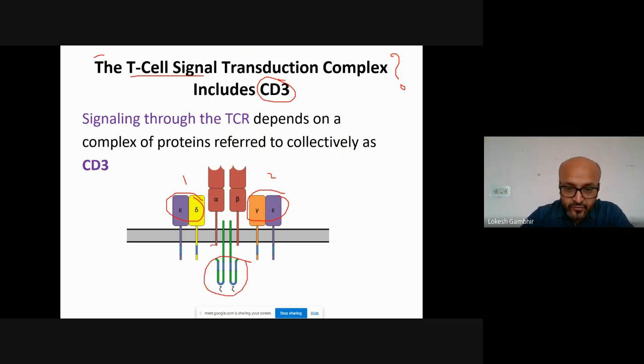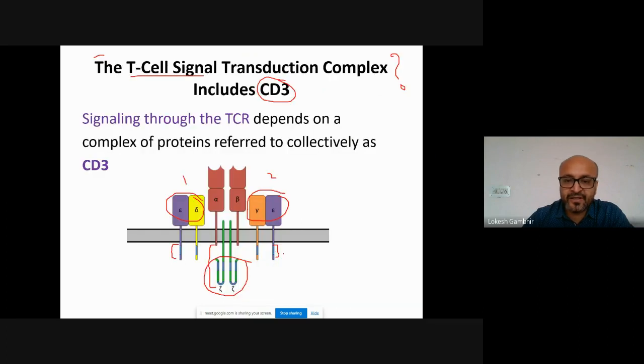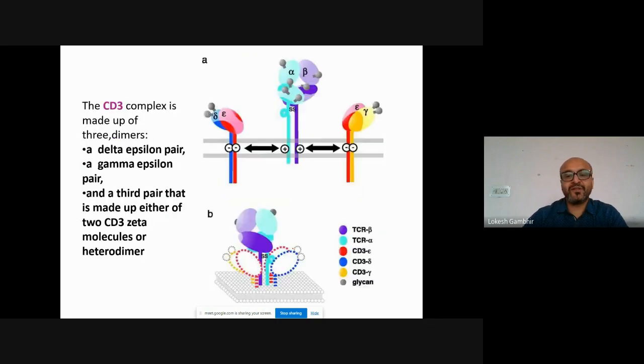Now they have a huge length of cytoplasmic domain. This cytoplasmic domain is nothing but the ITAM molecule that we are talking about, and this particular ITAM molecule will serve as a site for phosphorylation and as a site for binding to the proteins which contain the SH2 domain, as we discussed in the previous lecture. So this CD3 complex is made up of these molecules, and this is actually responsible for transducing the signal.